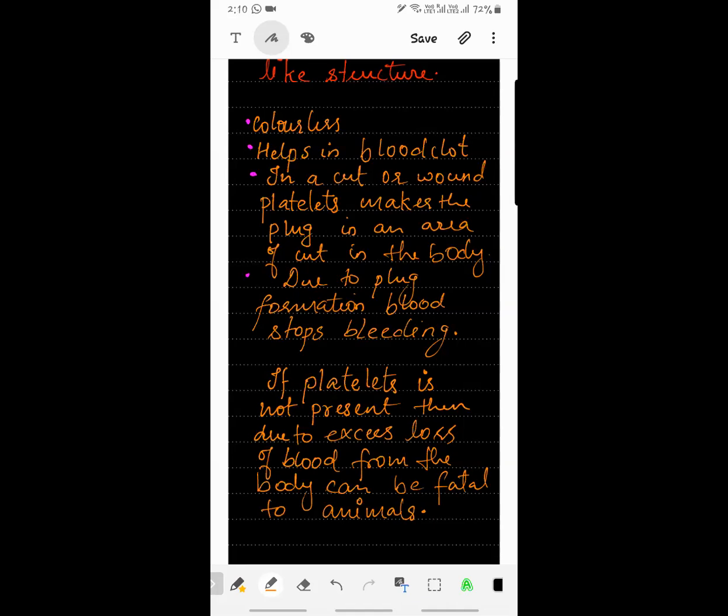Plug means something like, if there is a hole, you put some cotton to stop it, right? If your hand is cut, you press it with cotton, which acts like a plug. The same way inside the body, the platelets form a plug which does not allow the blood to come out.